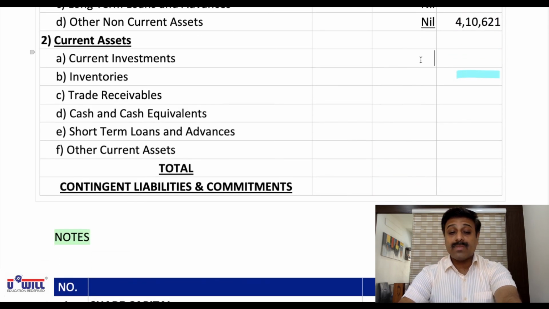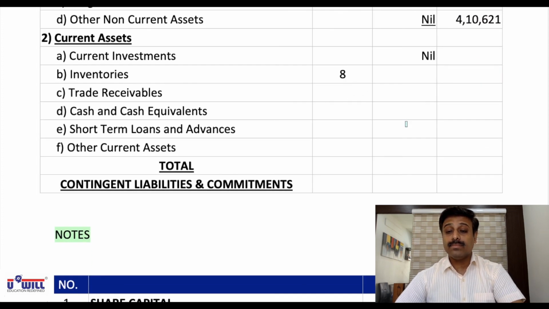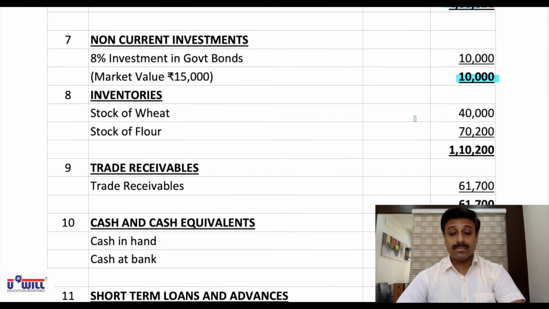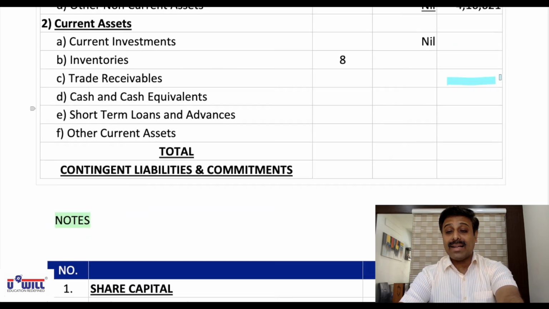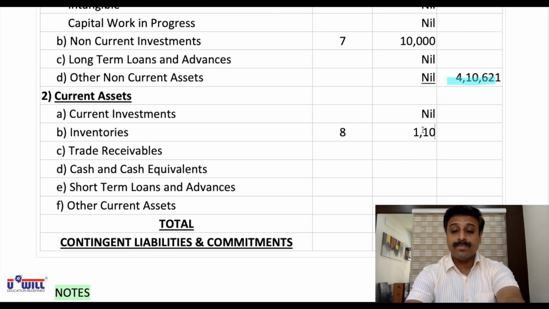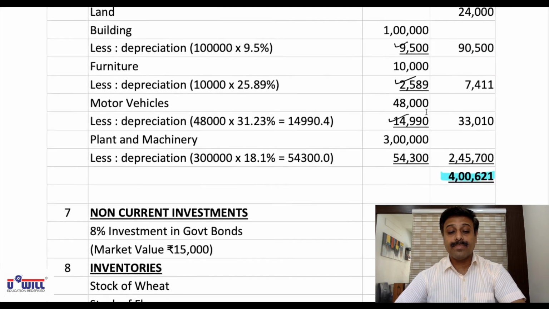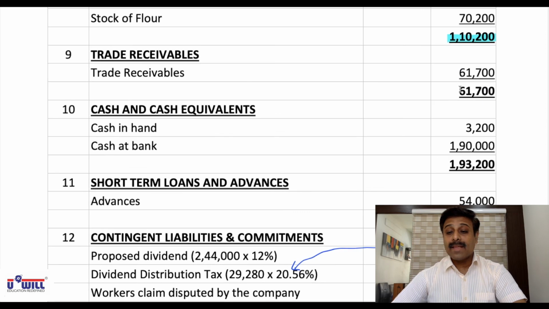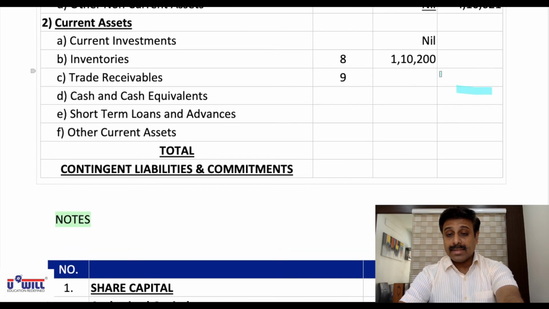Then current investments we don't have. Inventories from note number 8, 1,10,200. Then trade receivables, note number 9, 61,700.